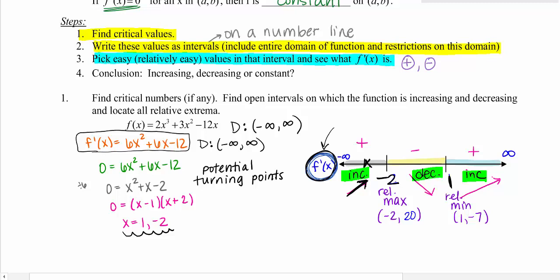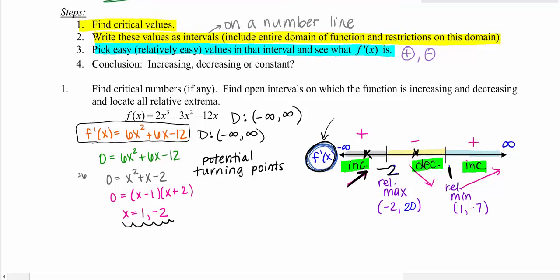And then again, if you put in a number between -2 and 1 in that yellow section, maybe a 0, maybe a -1.3, whatever you decide to do, and I let technology help me with calculating those values, then I will see a negative first derivative. And then again in that last section there, if I put in something greater than 1, I will see a positive.